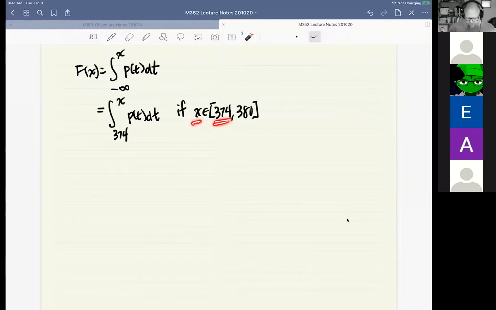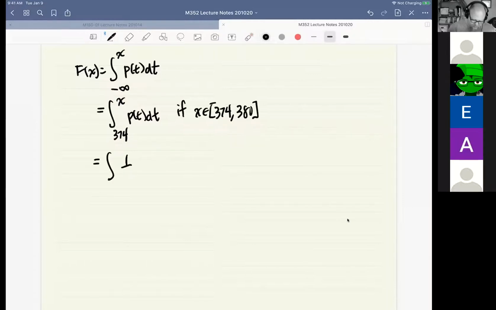If x were below 374, my probability density function would be 0, so it wouldn't matter. So that's why I can put that there. If x gets above 380, I end up with 0 anyway too, but here we'll just specify we're being careful.